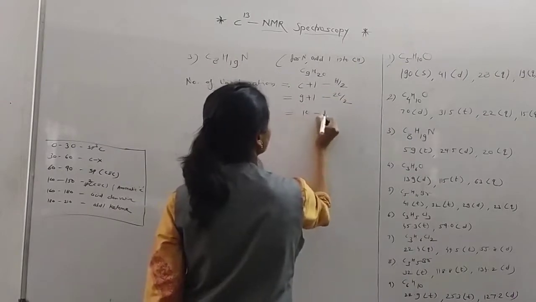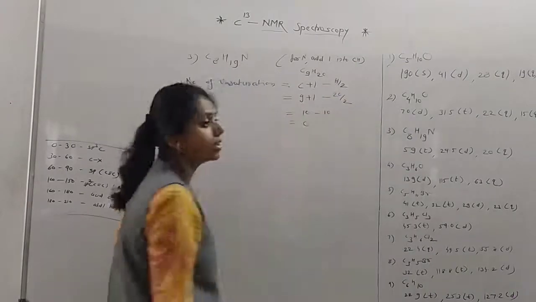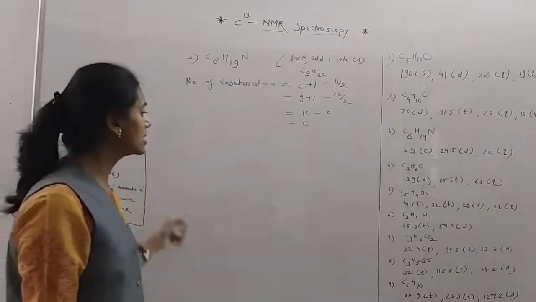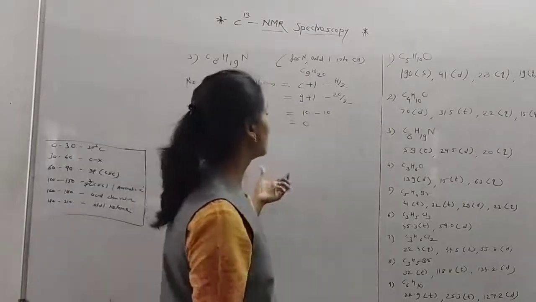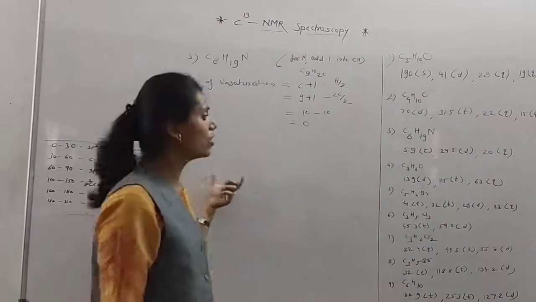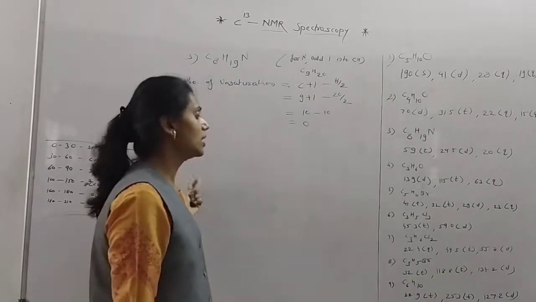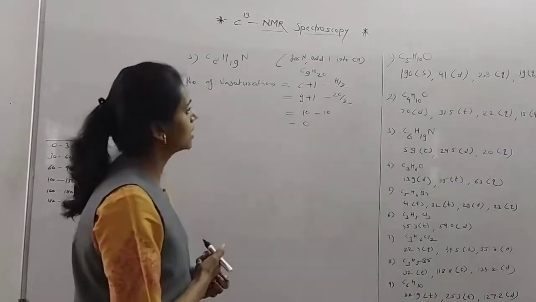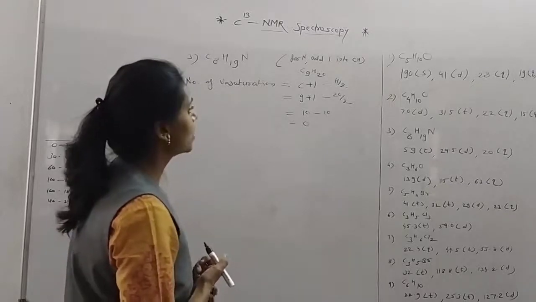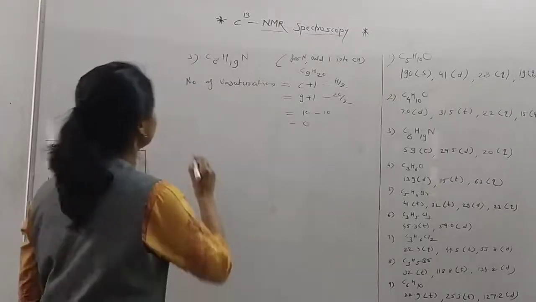Here 10 minus 10 equals 0. Number of unsaturation 0. That means a straight chain or branched chain is obtained. There is no unsaturation. It is a saturated chain.